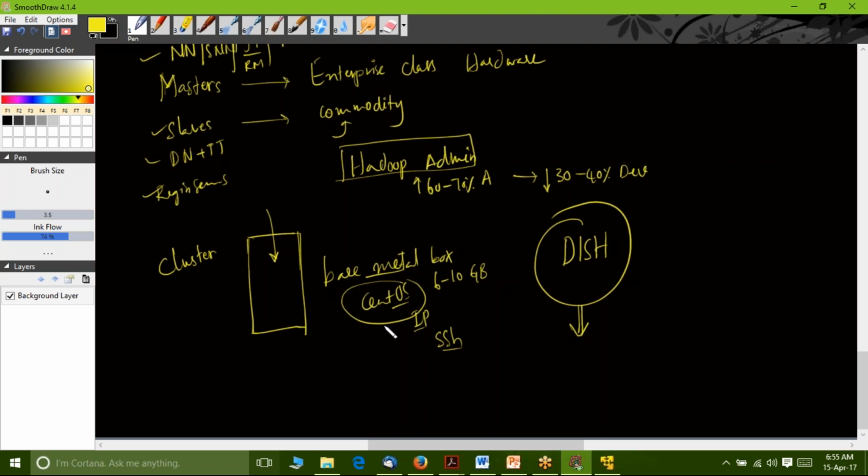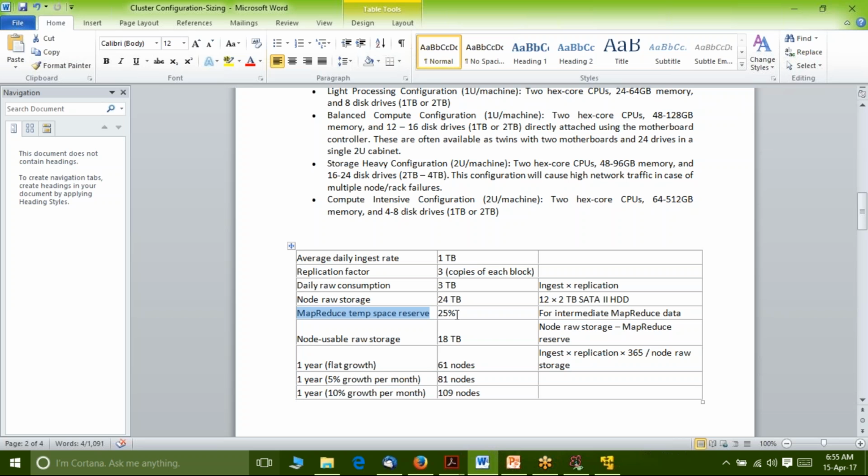So for CentOS also I need to reserve some space, but that is very minimal. But that also needs to be taken into consideration. So keeping all these things, this metric has been shown here, 25% of the storage for intermediate MapReduce data. So what is the net node usable raw storage?